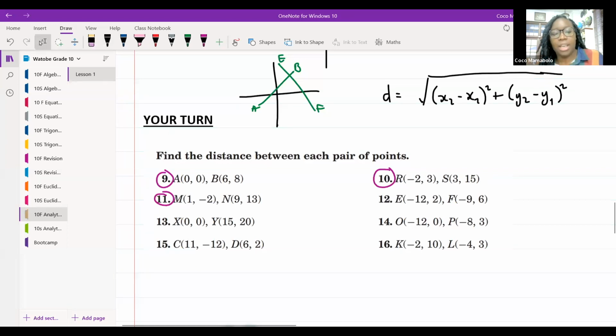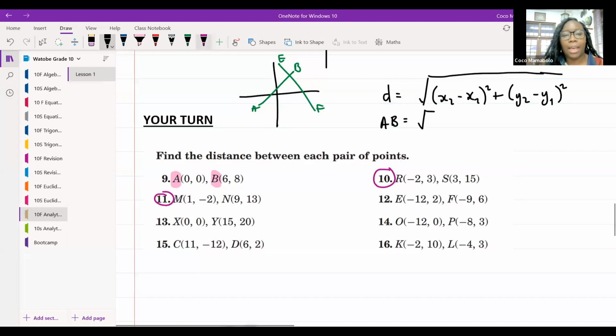Sviso says, can you please repeat? Okay, Sviso, if we look at question number 9, they tell you that there's a point A, and there's a point B. So when you put this into the formula, you're going to write AB is equal to the square root of, and then continue with the sum.